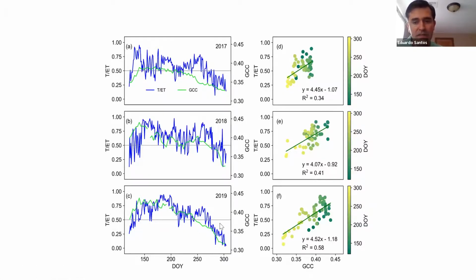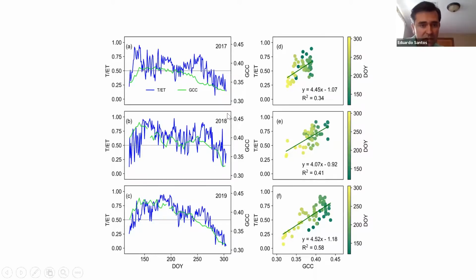You also see that some of this variation in evapotranspiration can be explained by the greenness of vegetation, an index that you extract from these phenological cameras. Mostly this holds for a wet year; for a dry year, not so much, the correlation is not as strong.